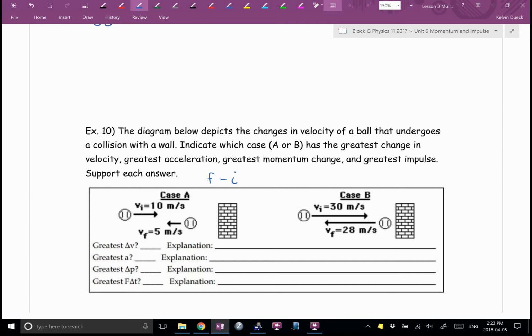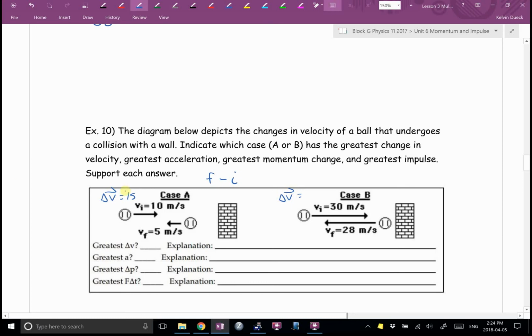Negative 10. So if you let backwards be positive, you can let final be positive. It's really up to you. I don't care. We get a change in velocity of, how big? 15. What's the change in velocity for case B?